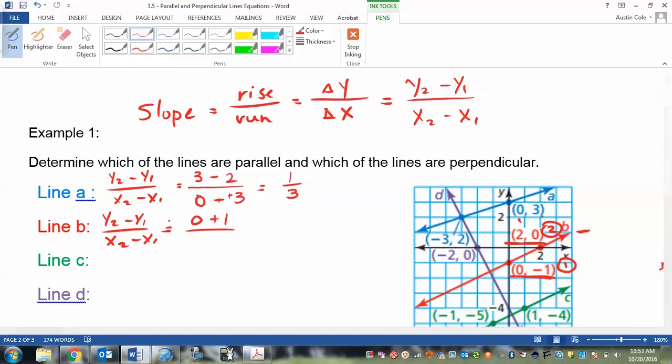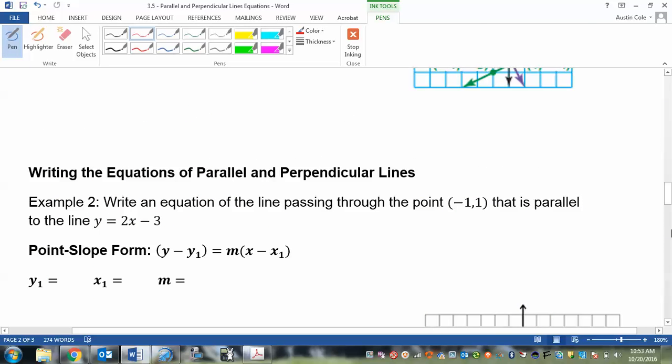So x2 is 2 minus x1, which is 0, right? So here the slope is 1 over 2. Now again, we can go to our picture and say, hey, I'm going to rise 1 and run 2. Okay, that makes sense.